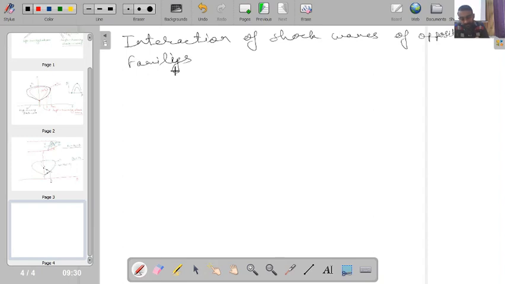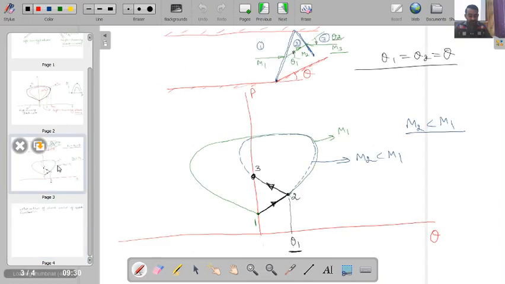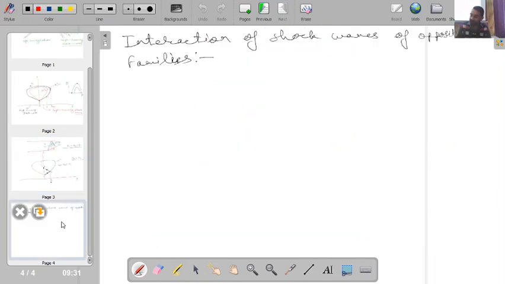If I have opposite family shock waves, then how will these actually intersect? In this case we have seen a shock wave which is incident and one is reflected. Now I will consider two shock waves which are incident only but are of two opposite families. How do these interact? So, interaction of shock waves of two different families.